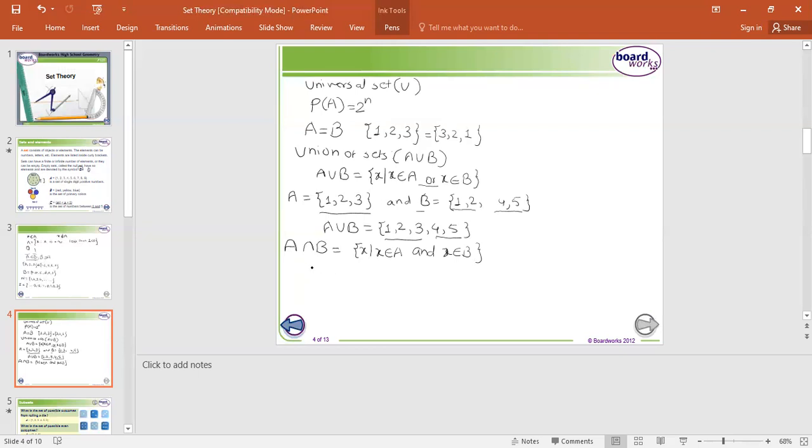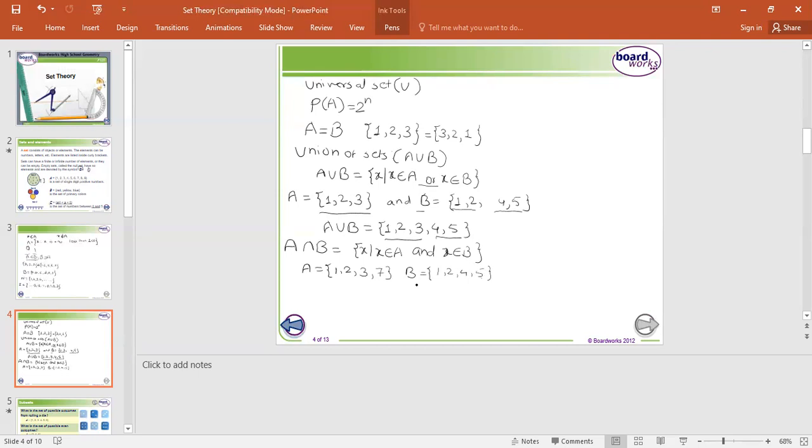In the example, A set has numbers 1, 2, 3 and 7, and B has 1, 2, 4 and 5.